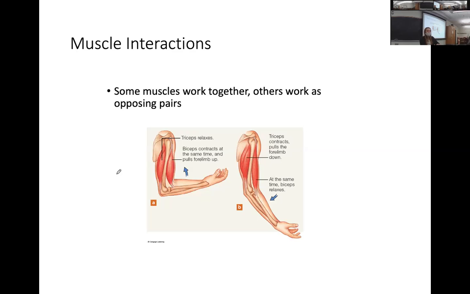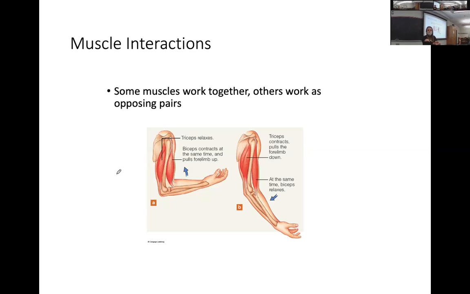So how do muscles react together? Some muscles work together and others work as opposing parts. If you'd like to try this with me, if you hold your arm out and bring your hand towards your head, do like a little bicep curl, okay? If you put your hand on your bicep, you're like, wow, I'm strong. Okay, so now you have one muscle that is contracting and one muscle that is relaxing.